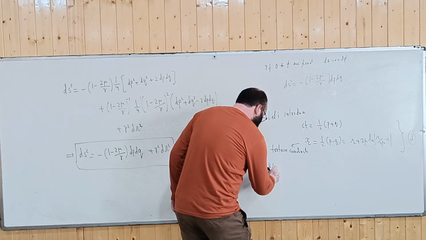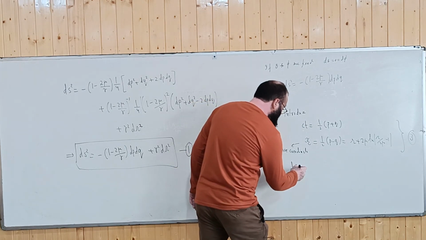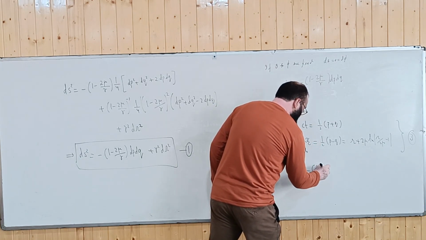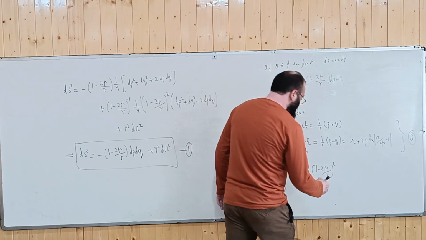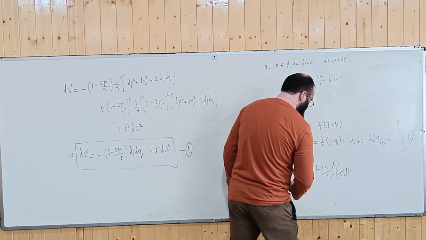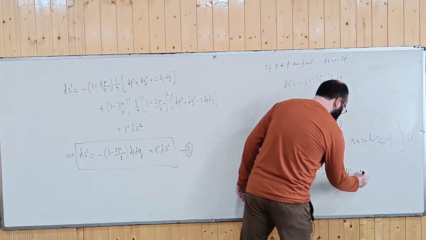Now ds square will be something like this: this factor will remain as such, 1 minus twice mu by R, and it will be c square dt minus, and this will be plus dr.